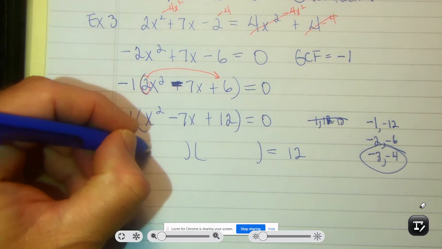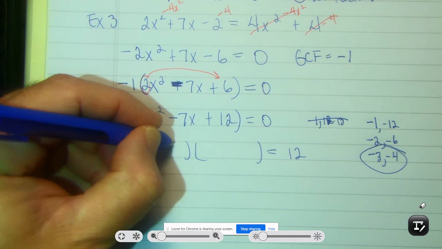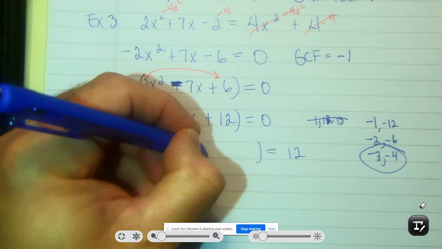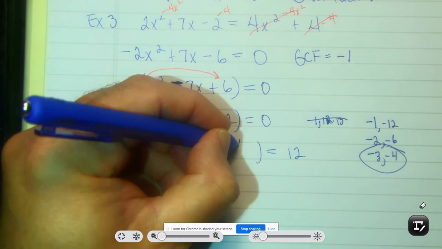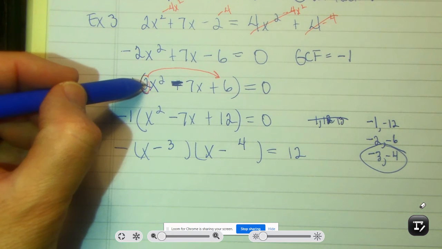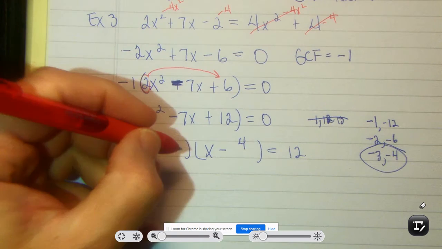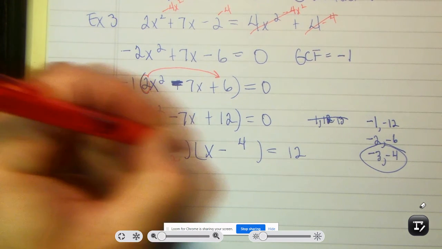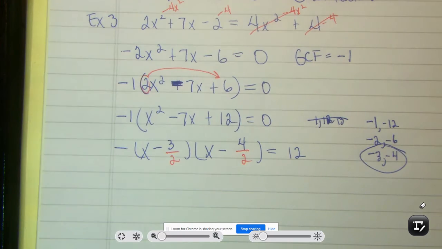So the factors are x minus 3 and x minus 4, but remember, initially I multiplied by 2, so I've got to go through here and divide each of those second terms by 2.